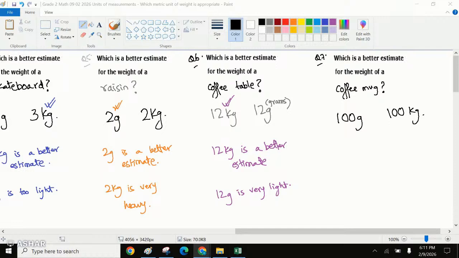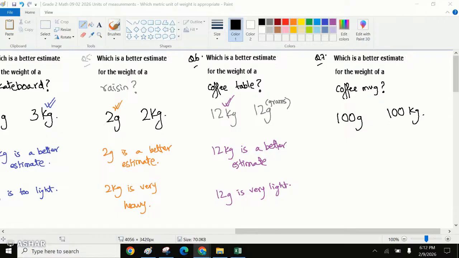Oh no, I said 100. Okay, it's 100 kilograms. Oh yes, thank you. Thank you, Precious. It cannot be 100 kilograms for a coffee mug.